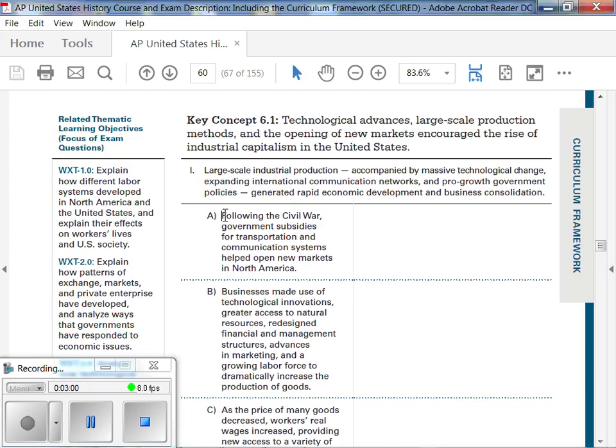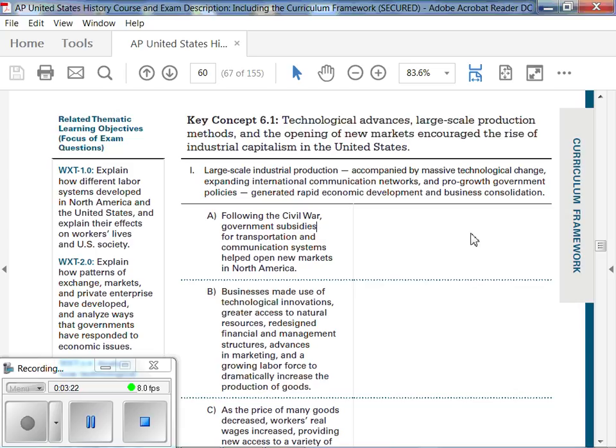So we take a look at this first one here, A. Following the Civil War, government subsidies for transportation and communication systems helped open new markets in North America. There are a couple of big nouns there. We've got transportation and communication systems after the Civil War. It's also good to know that government subsidies in this case means the government's paying for part of something.